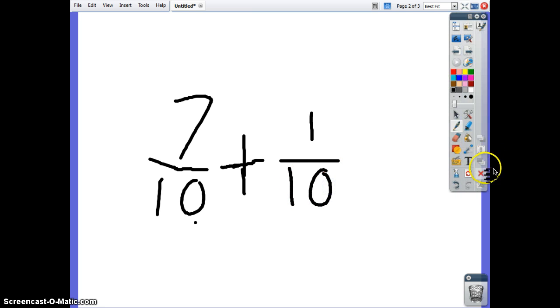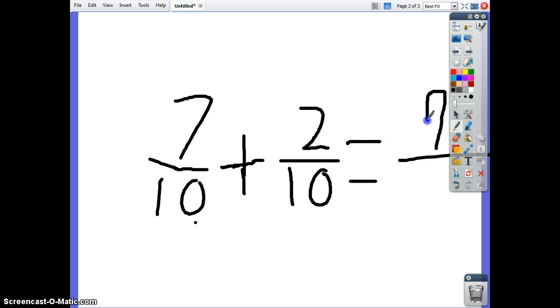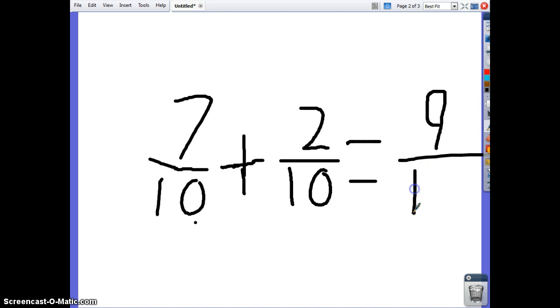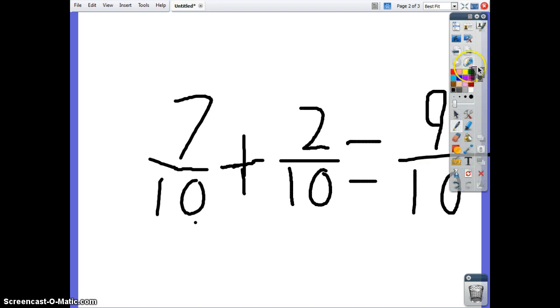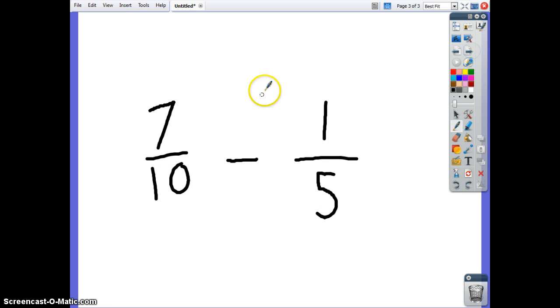Now, because I've multiplied the 5 times 2, I have to multiply the 1 times 2, which means 2. Now that I've done that, I can add them to get 9/10. Now, there's nothing to simplify here, because you can't simplify.